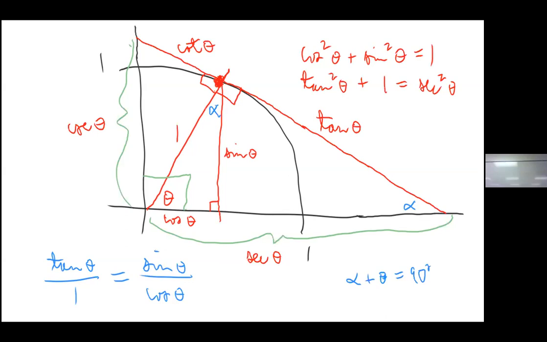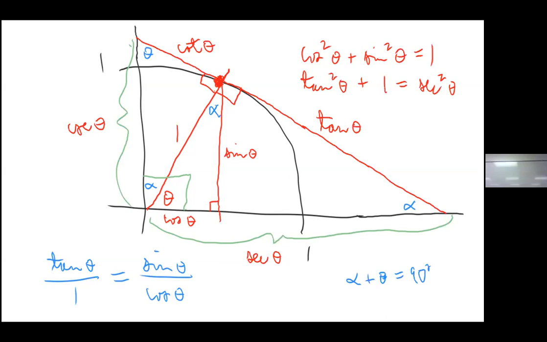And by the way, if this is theta, this angle is alpha. And if that's alpha, then this is theta up here. There are tons of similar triangles in this picture. You could exploit the similarities of all those triangles to get all kinds of ratio relationships. For instance, secant is equal to 1 over cosine.